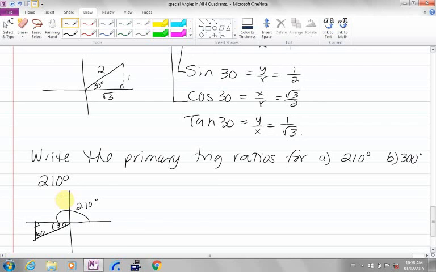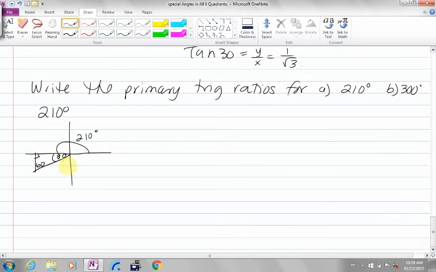It's a good question. All right, so across from 30 is the shortest length. That's 1. Across from 60 is the medium length. That's root 3. Across from the right angle is the longest length. That's 2. Okay? Now we have to adjust for signs. So when we do sine, which is y over r, y is positive in quadrant, no it's not, so we're in quadrant 3.